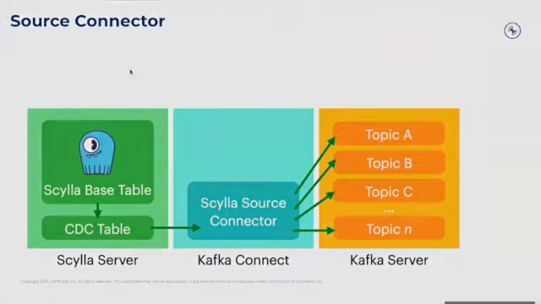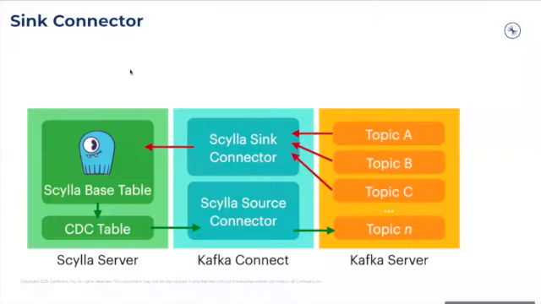Next slide. There's also the sync connector. So you might get data into Kafka. Maybe you want to run some KSQLDB queries on it, do some real-time stream processing on that data, and then write it back into Scylla for access by your applications. So that sync connector is going to consume from topics and then write those into the table.